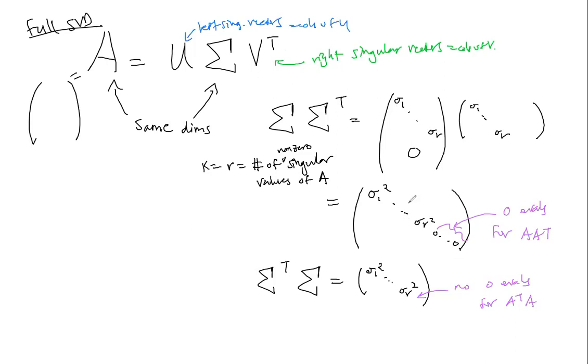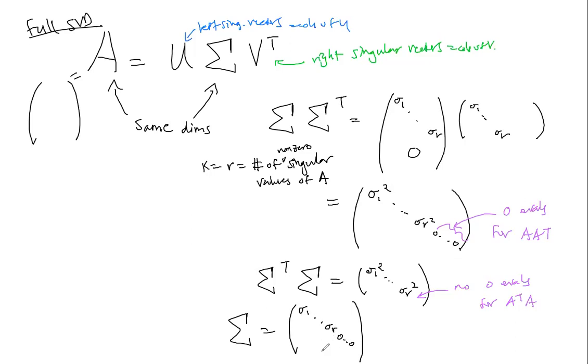And then for full SVD, sometimes you'll have some zeros. Sigma might be something like sigma 1 through sigma r, and then some zeros.